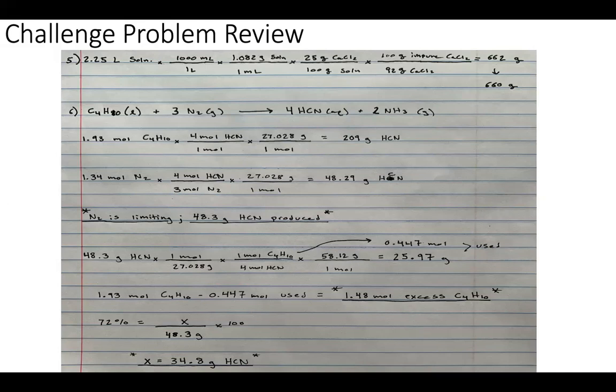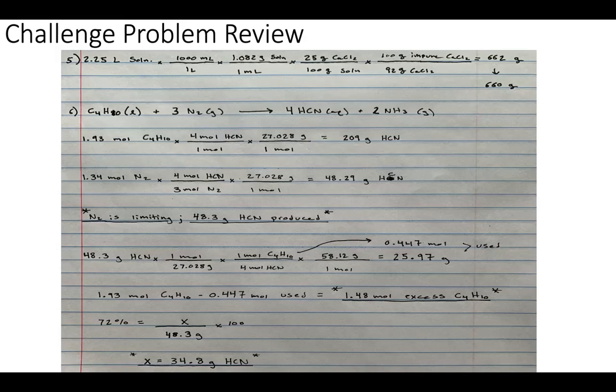So after writing the balanced chemical equation, our first step was to find what the limiting reactant is and how much cyanic acid we can produce. Personally, I always take how much of each reactant I have and convert all of them to amounts of cyanic acid, because not only will we answer what our limiting reactant is, but we'll also answer our second question, how much product we can form.